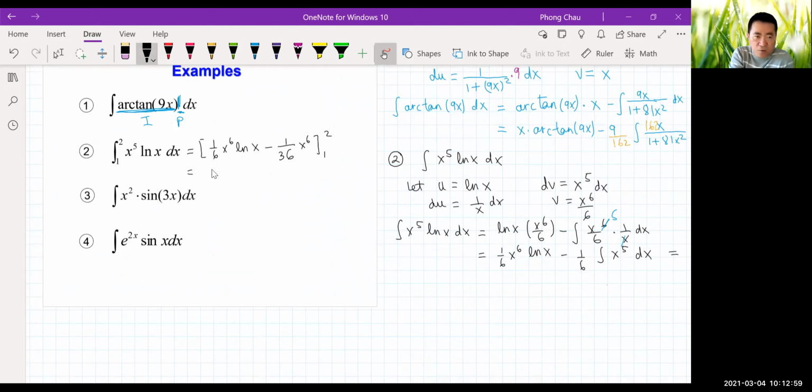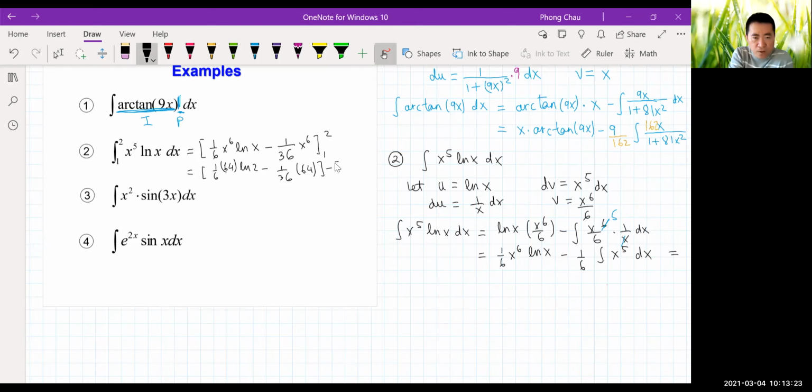When you plug 2 in, it'll be 1/6 times 2 to the 6. What's 2 to the 6? I think it is 64. 64 here, natural log of 2, minus 1 over 36 times 64.